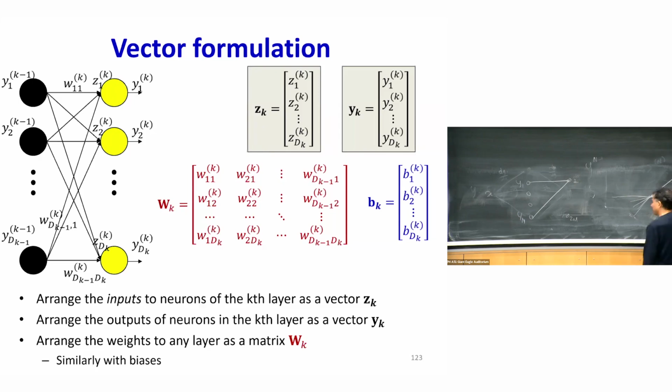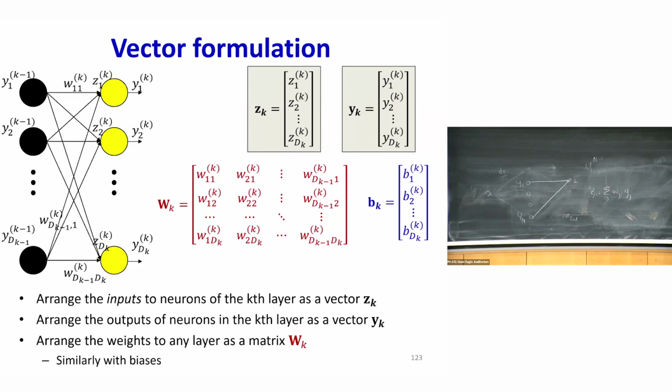So I can write this as zi equals summation over j of wji yj. So the weight from the jth input to the ith neuron is just written like so, right? So now here's what I can do.